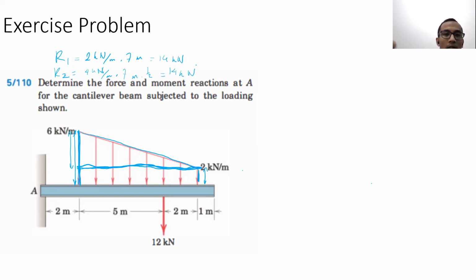Okay, now, x1 bar. What is the location there? It should be in the middle, so it's 7 divided by 2, which is 3.5 meters. Okay, so around here.